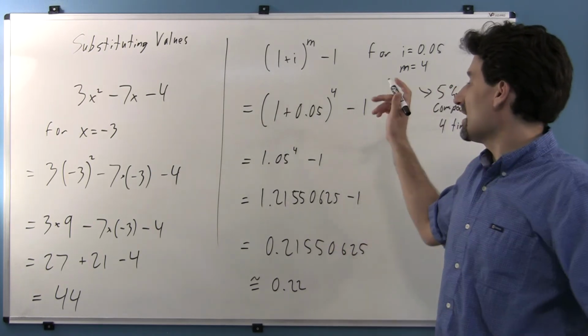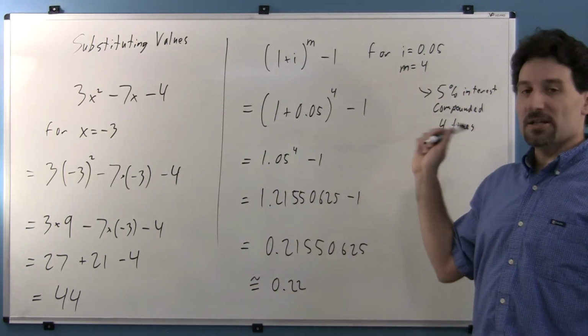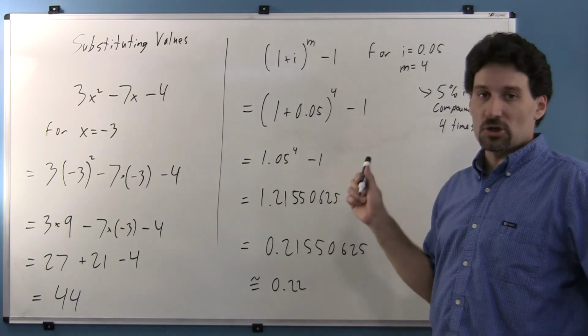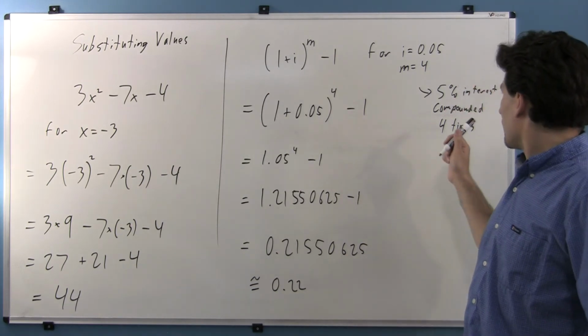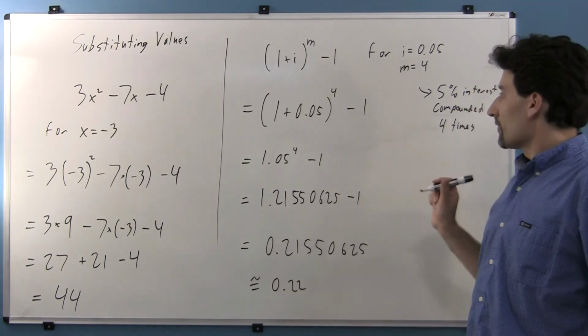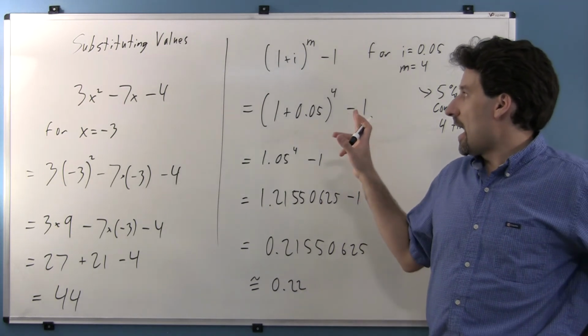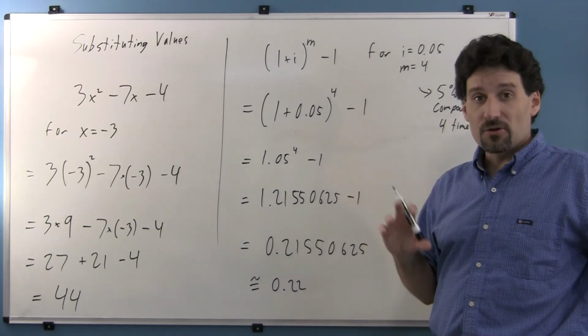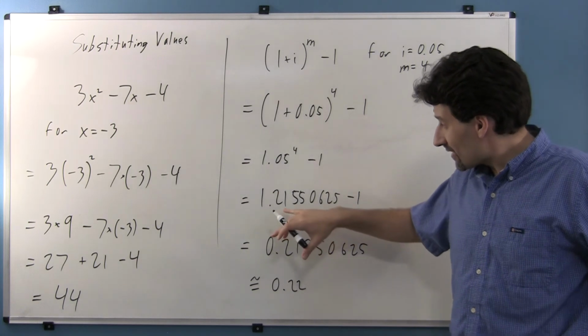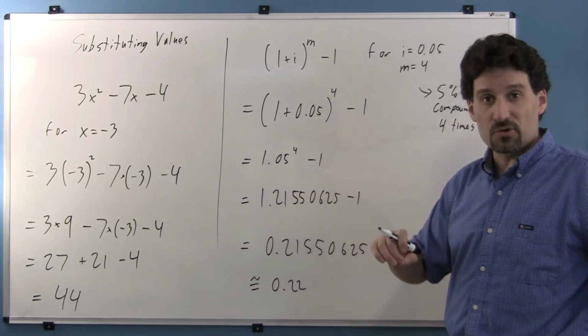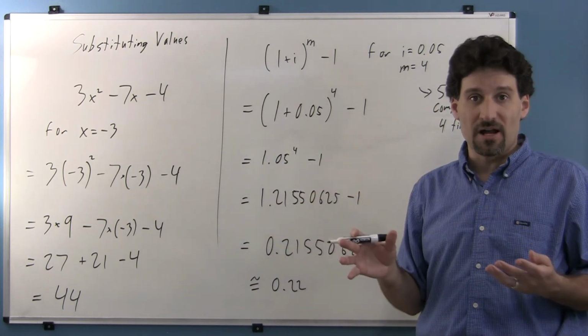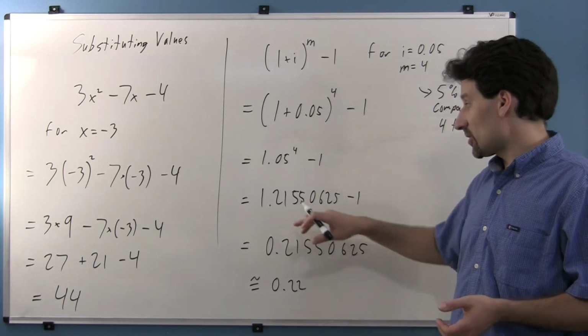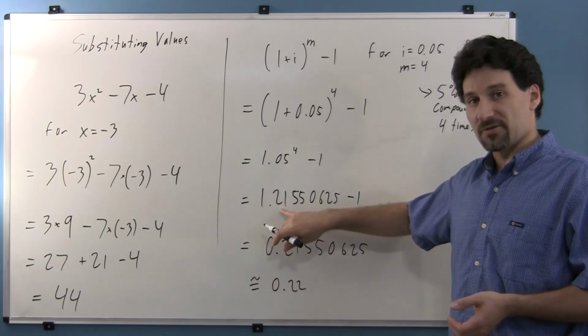And what this is saying is a 5% interest rate is what you're earning each year for 4 years. And what does that actually earn you at the end of the day? Because you're getting interest on the interest, you don't just earn 4 times 5, which is 20%. You actually end up earning a little bit more because of interest on the interest.